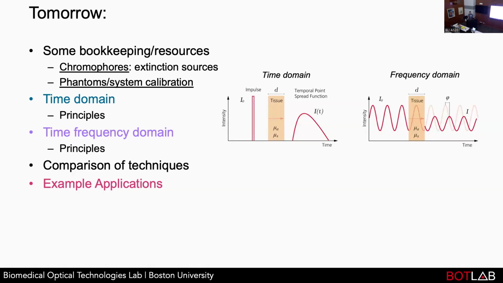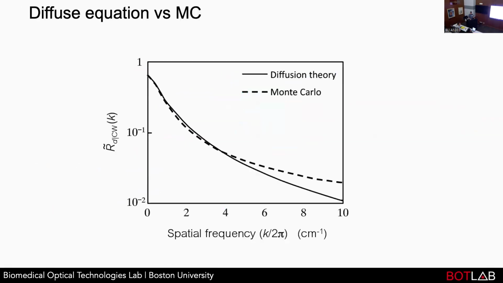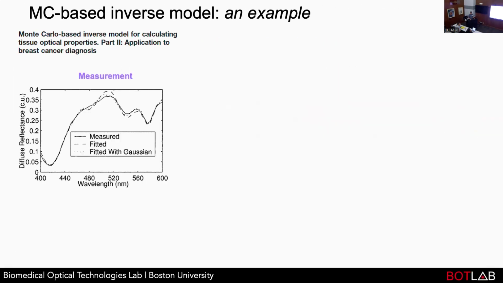Other questions for Darren? I'm trying to find the slide number on here, but it was the one where we were talking about why we used Monte Carlo instead of diffusion when we're looking at the unhealthy versus healthy tissue. Yeah, or is it the other one? This one?